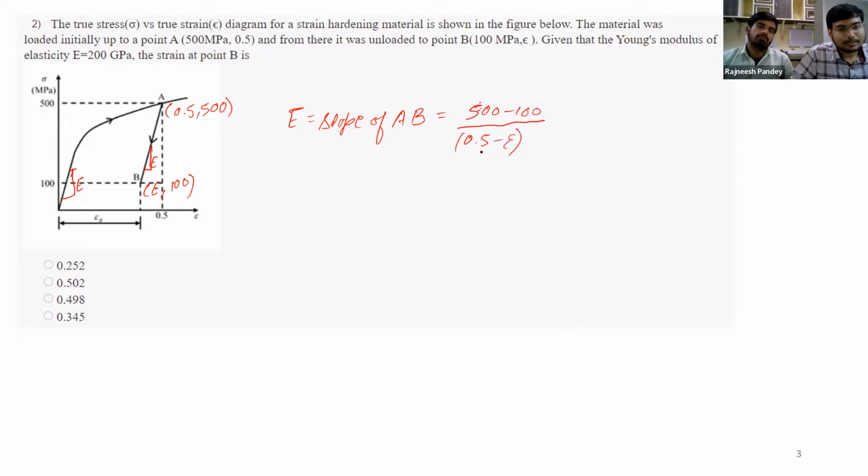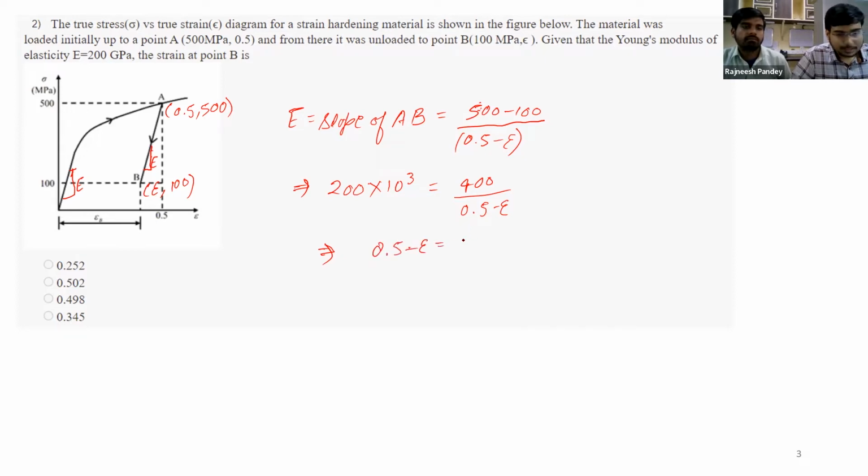Now, if we substitute the value of elasticity, it is given as 200 GPa, and in terms of MPa, this will come out to be 10 to power 3. So this is 400 divided by 0.5 minus epsilon. Upon rearranging the equation, we will get 0.5 minus epsilon is nothing but 2 into 10 to power minus 3, because this 200 will cancel out this 400 by 2 times, and this will become 10 to power minus 3.